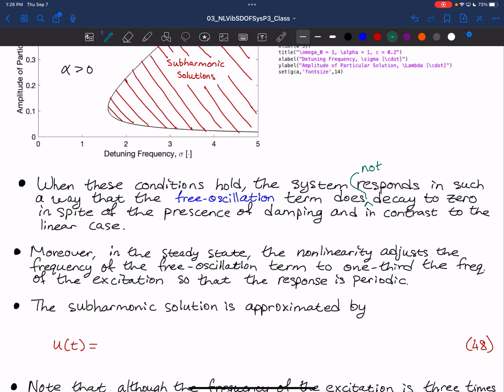And again, just like the superharmonic, in this case, the nonlinearity adjusts the frequency of the free oscillation terms so that it becomes 1/3 the frequency of the excitation. And again, the response is periodic.